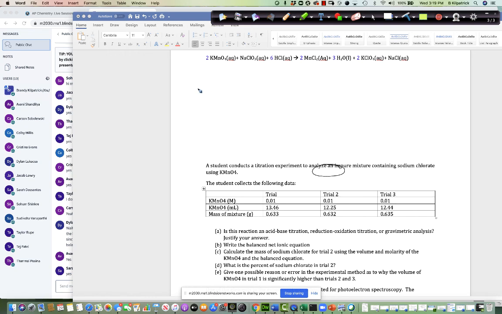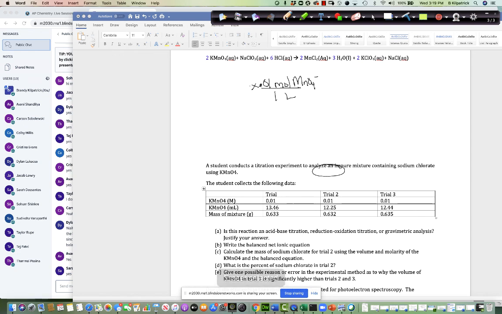All right, so our starting point should be our volume. Never start with molarity, ever. Go to moles of what you have, which is going to be the permanganate. And that's going to be 0.01. Oh, that's liters.